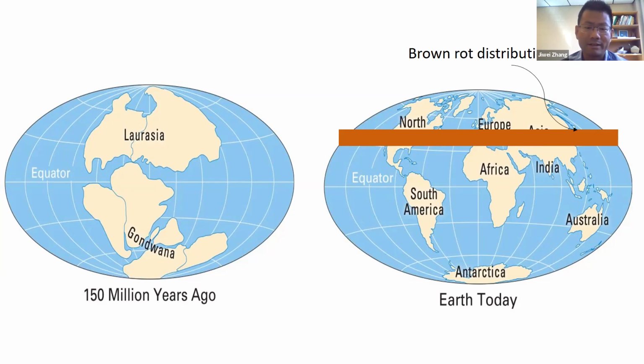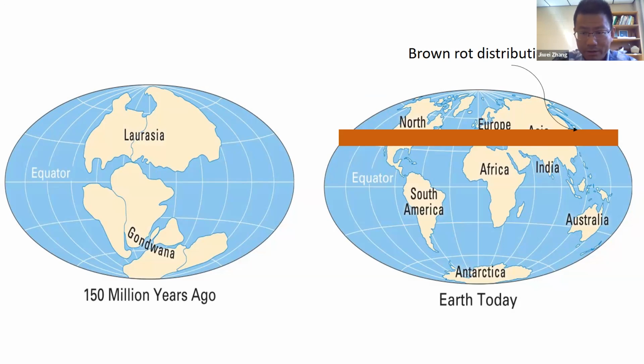We don't understand why the brown rotters are so efficient, but their distributions are limited nowadays, only in the northern part. Some researchers said maybe this is related to the tree species, because in the northern part there are mostly coniferous trees, right? So they suspect that the brown rotters are associated with the tree species, but this is not validated yet.